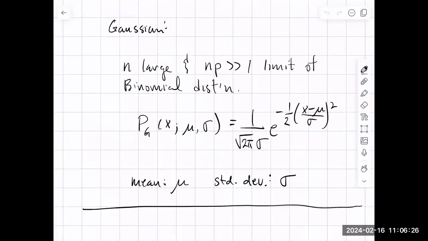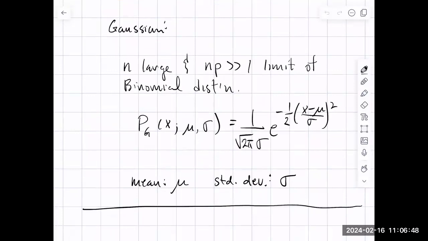Again, we started from the binomial distribution. This time it was a little bit harder, but we made a series of approximations. And the limit that we're interested in is a large number of trials, so n is large, and the number of successes, n times p, is also relatively large.